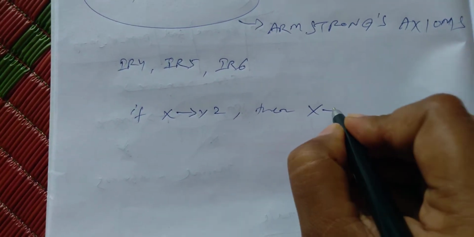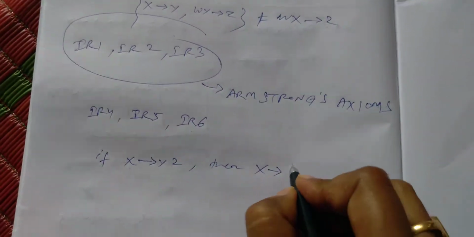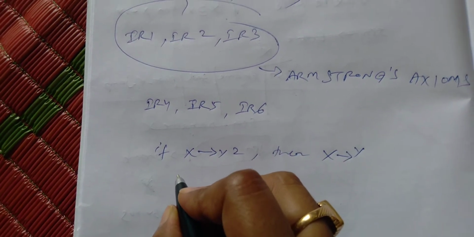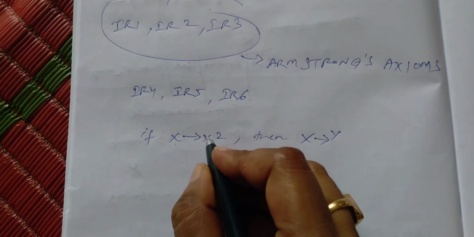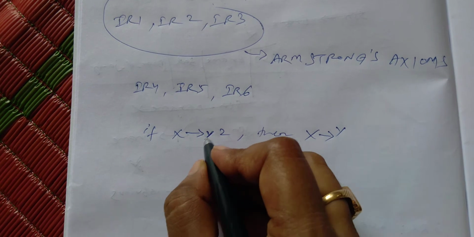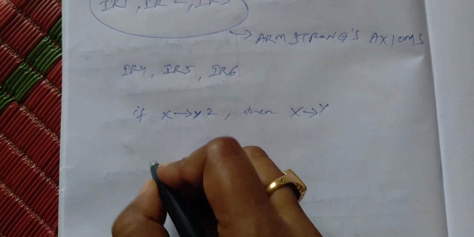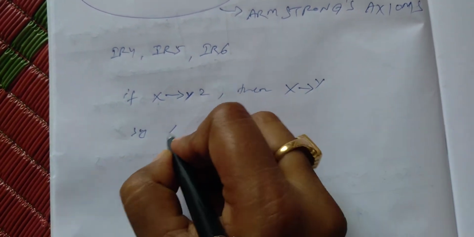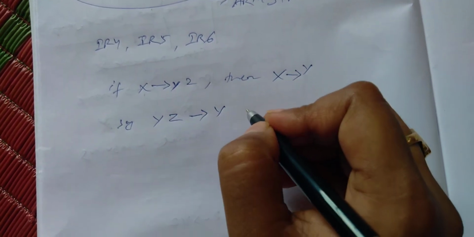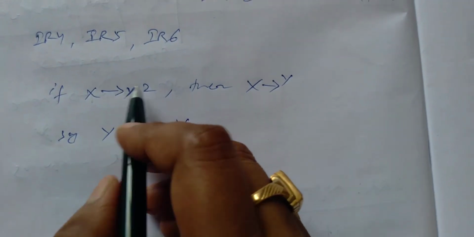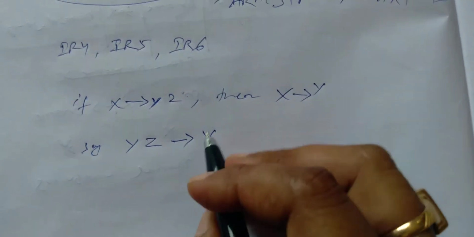Okay, so let's prove it. Say yz determines y. See, this was given, now I am trying to derive this one. Okay, how do you do that?